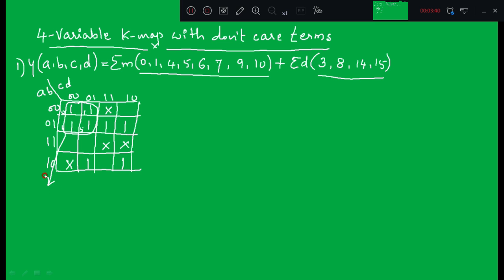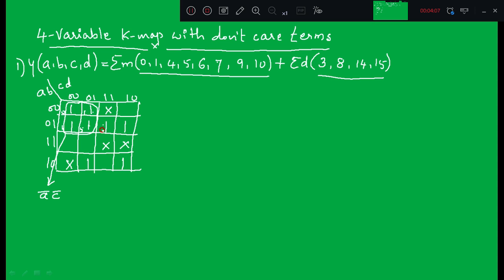So what is the expression for this? It is A bar C bar. Okay, next, no need to include this don't care, right? If I group these three ones with this don't care, I have already covered these two ones, so if I make this group I am going to cover only one extra one.